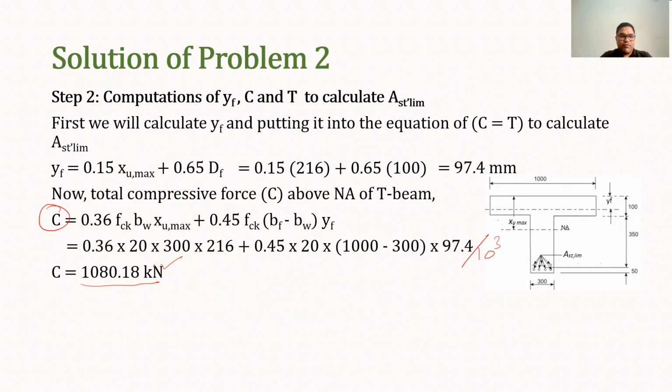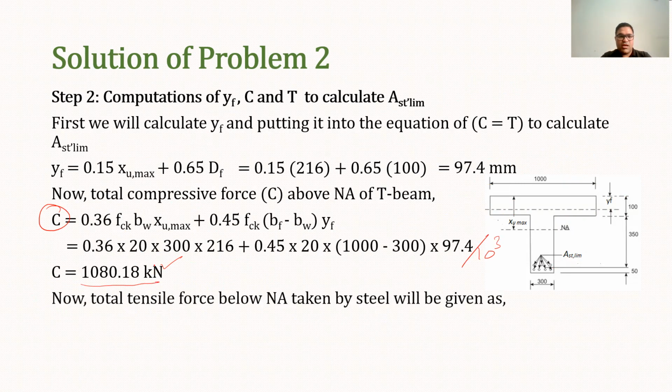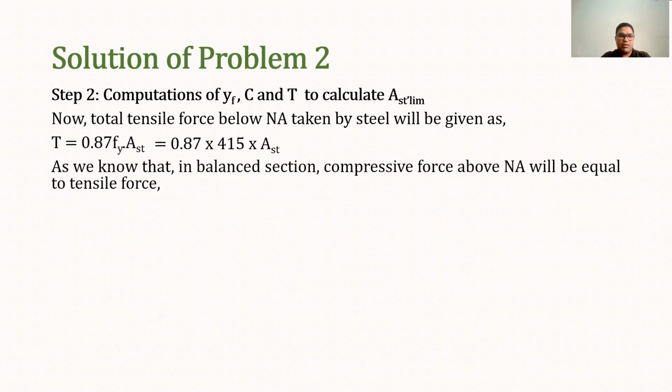Similarly, we can find out the value of T, and the T value is 0.87 Fy into AST. Now here AST is unknown. So now we will compare C with T to get the value of AST. As I said, the compressive force above the neutral axis will be equal to the tensile force.